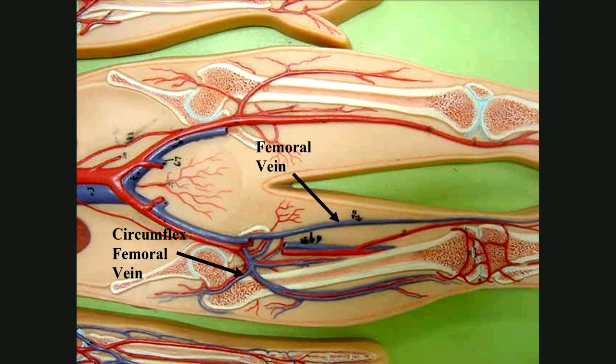And then we had a femoral artery. We also have a femoral vein. There's actually two femoral veins. One goes straight down, but one curls around the femur. Because it curls, it's called circumflex. So there's a circumflex femoral as well as a femoral.